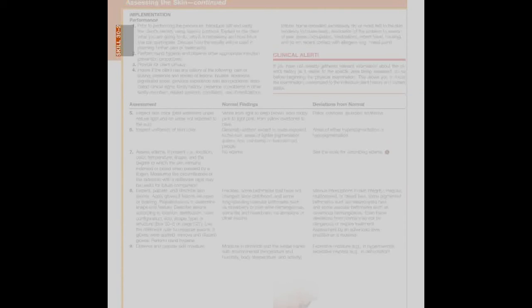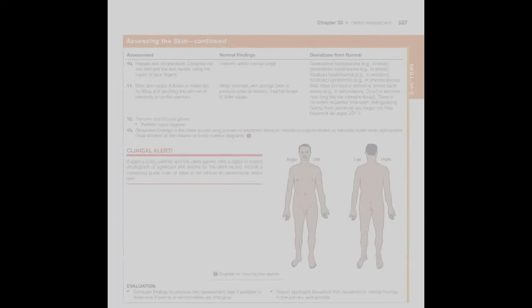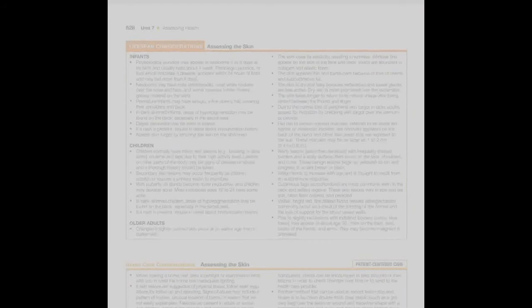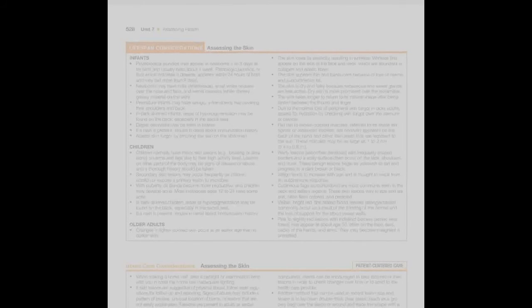Assessing the skin, continued. Skill 30-2. Chapter 30, Health Assessment, page 527.